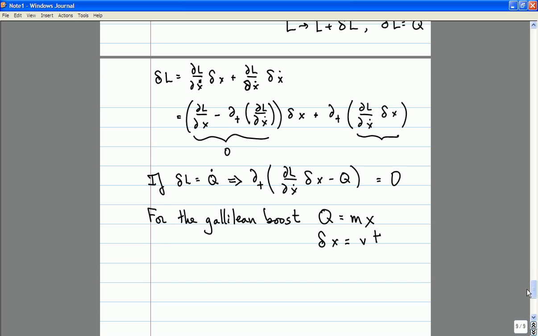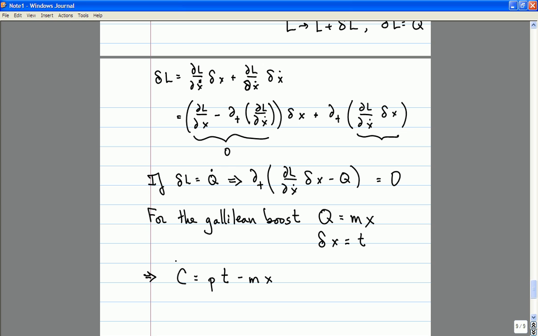So that means that the constant of motion is equal to dL/dẋ times, well, v was equal to epsilon, and I factored out an overall epsilon, so I should really just put a t there for an infinitesimal Galilean boost. So the constant of motion is going to be dL/dẋ, otherwise known as the momentum p, times t, minus Q, which was mx. Okay.